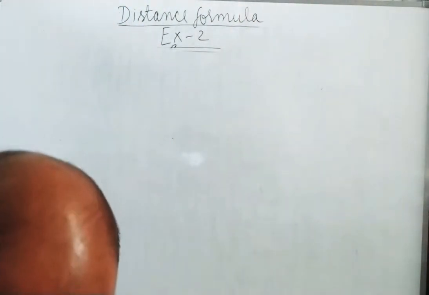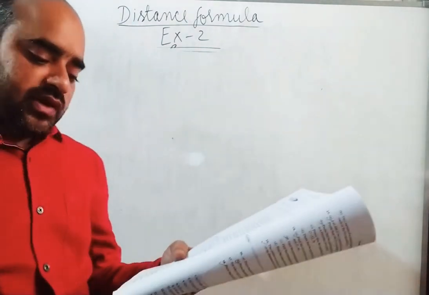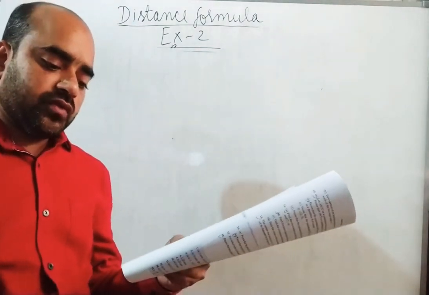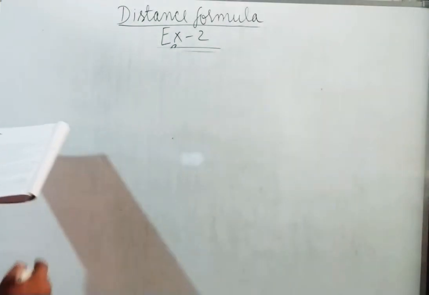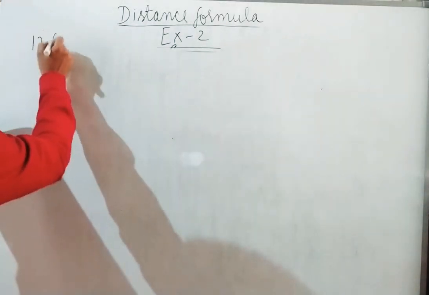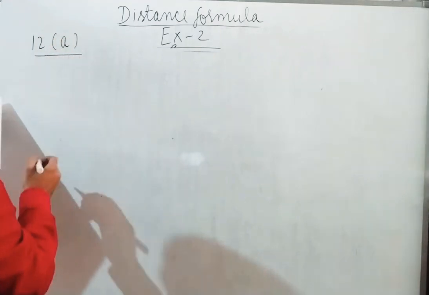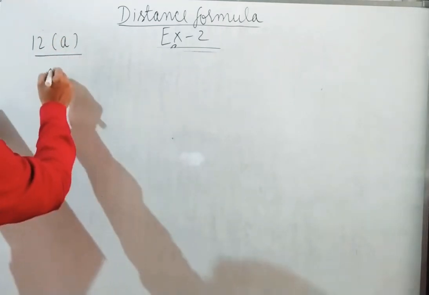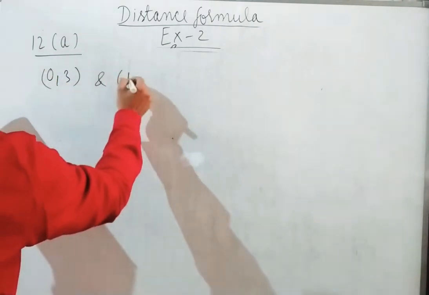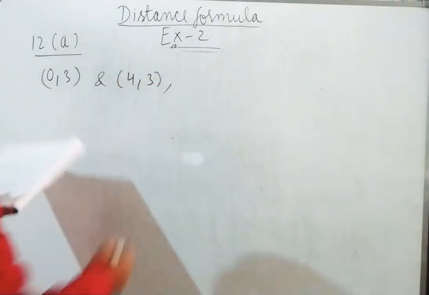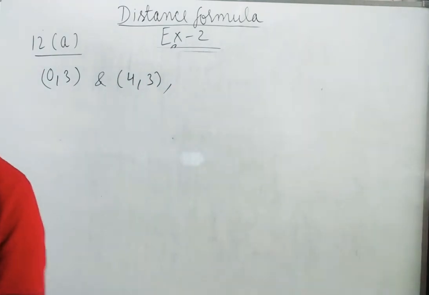So next is: two vertices of an equilateral triangle are (0, 3) and (4, 3). Find the third vertex of the triangle. See, 12A. Two vertices are given, (0, 3) and (4, 3). We have to find the third vertex, correct?